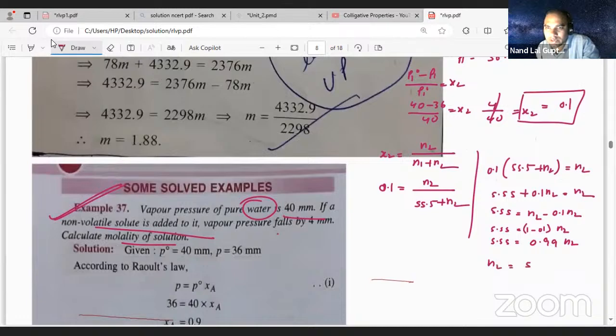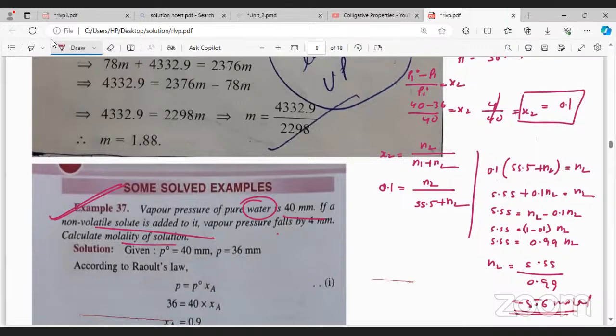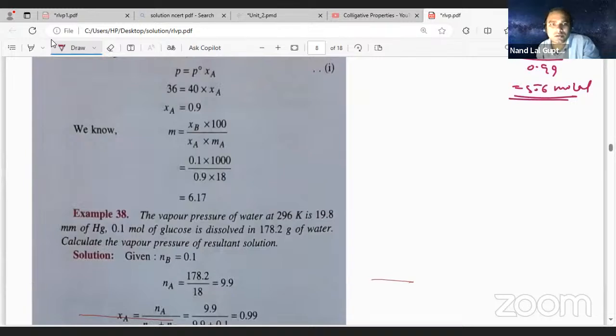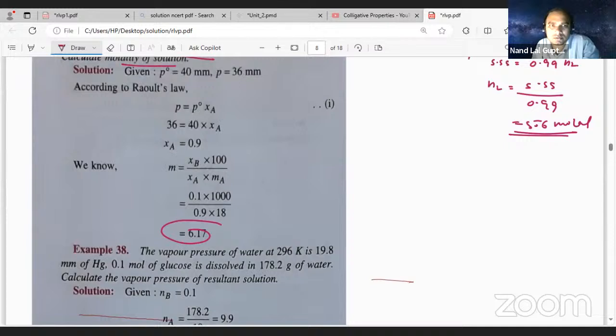So N2 is equal to what? 5.55 divided by 0.99. 5.6 is coming. 5.6 molal. That is per kg of solvent. So you see here answer how much is there? 5.6. What can be the problem here? How did they do it?